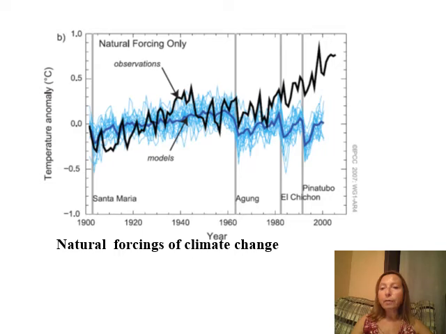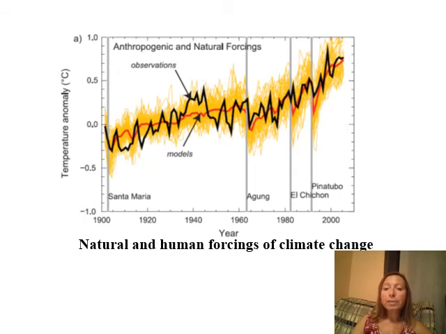But instead of being somewhere here, we are actually here. So this temperature increase cannot be explained by the natural causes of climate change. In fact, the present pattern of the temperature can only be explained by the anthropogenic forces.